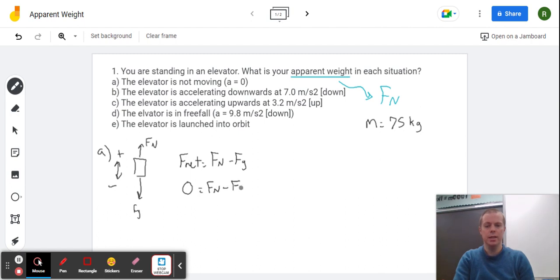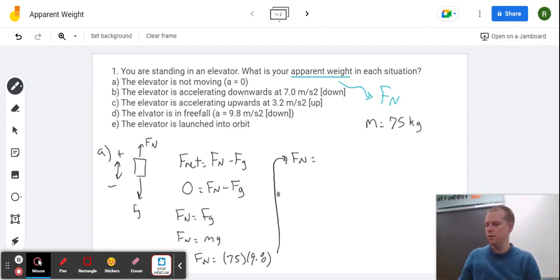So Fn minus Fg equals 0, so Fn would equal Fg. When we run this through the calculator, we get 735 newtons. That's how much you feel that you weigh.